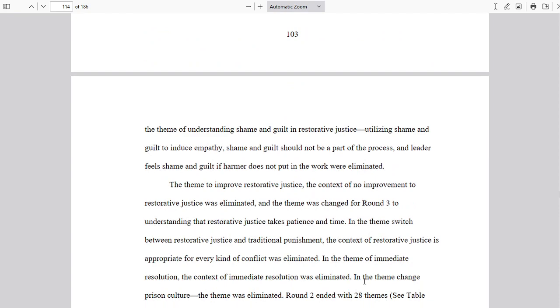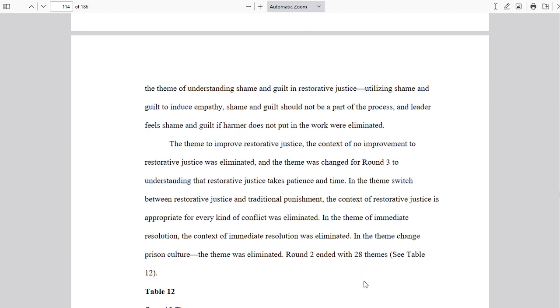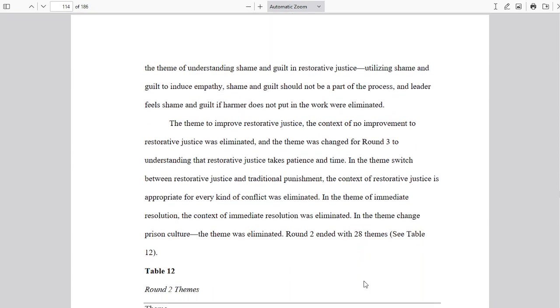In the theme to improve restorative justice, the context of no improvement to restorative justice was eliminated, and the theme was changed for round 3 to understand that restorative justice takes patience and time. In the theme switch between restorative justice and traditional punishment, the context of restorative justice is appropriate for every kind of conflict was eliminated.